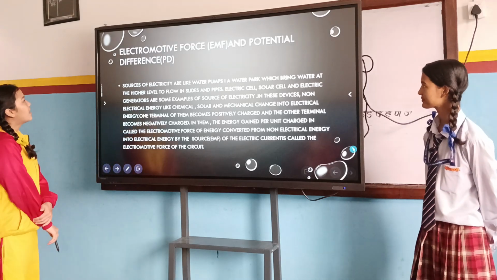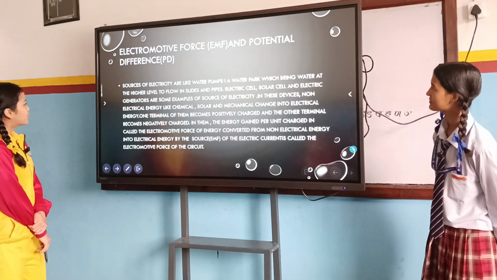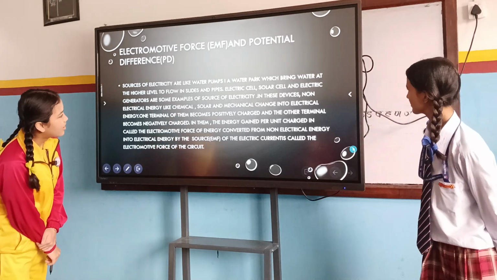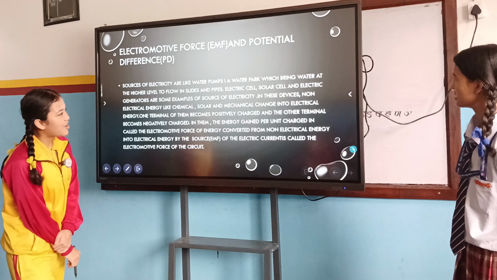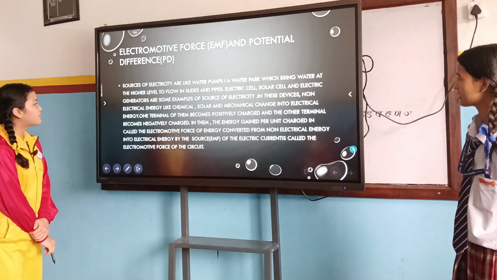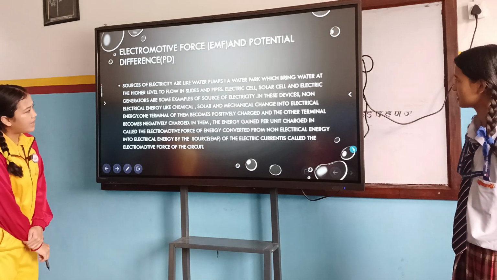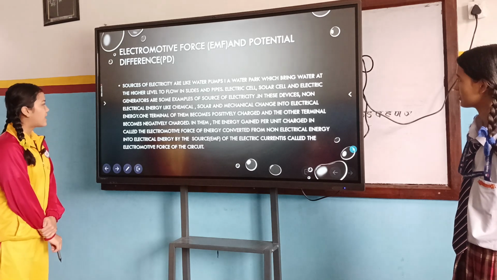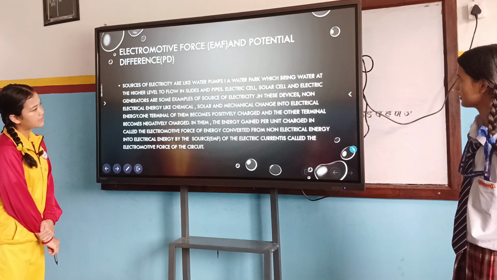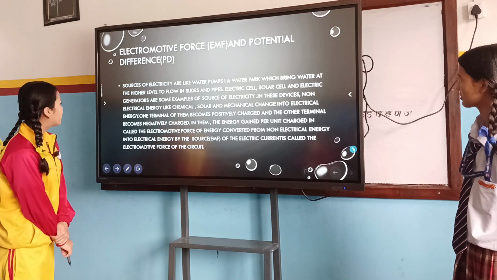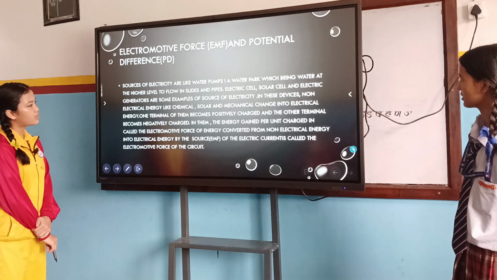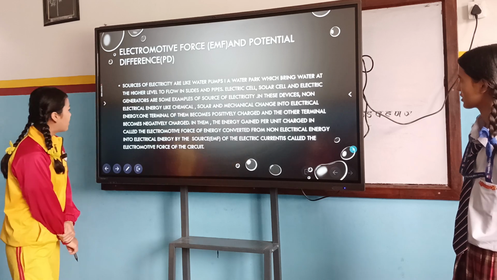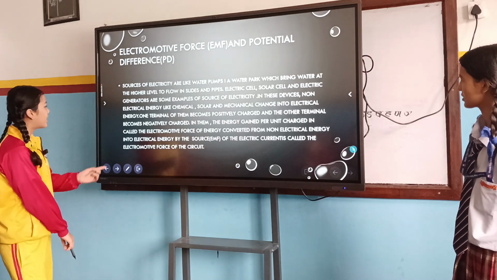First one is electromotive force. The sources of electricity are like water pumps, a water park which brings water at the higher level to flow in slides and pipes. Electric cells, solar cells, and electric generators are some examples of sources of electricity. In this device, non-electrical energy like chemical, solar, and mechanical changes into electrical energy.